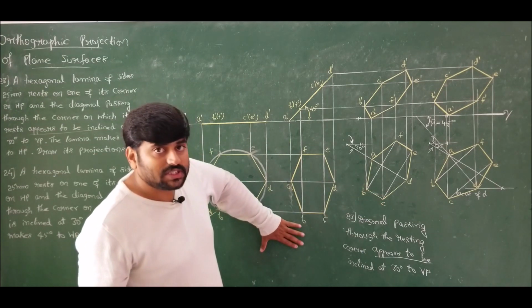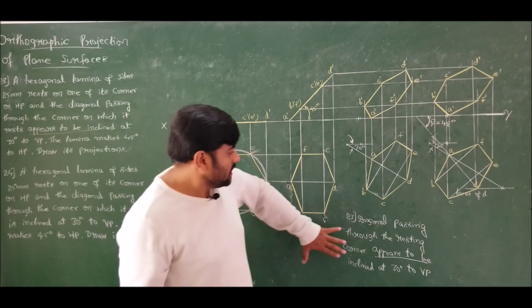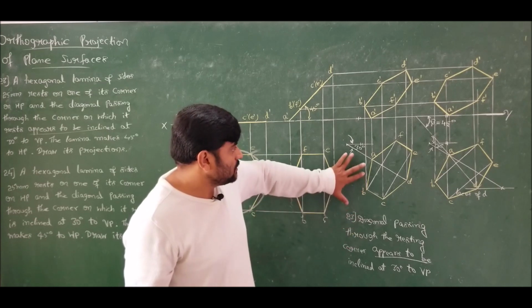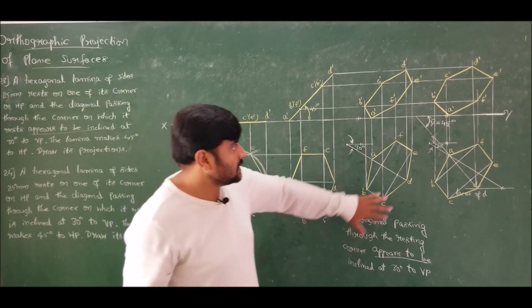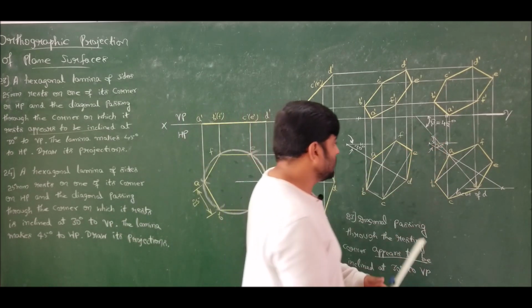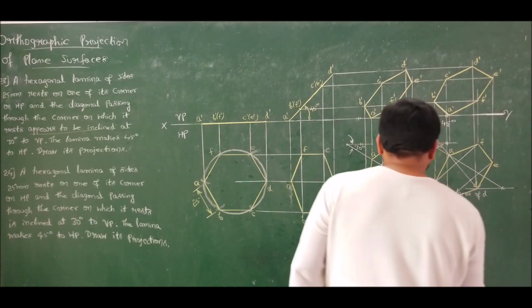These two positions remain the same for both problems, whereas for problem number 23 the 30 degrees has been specified as beta, and for problem number 24 we should calculate the beta. Beta is found to be 45 degrees.